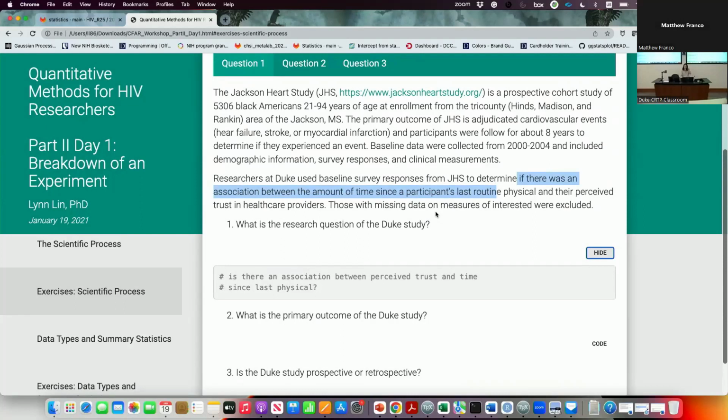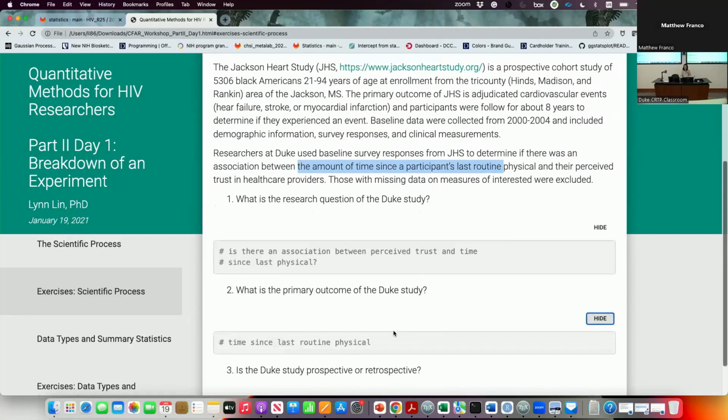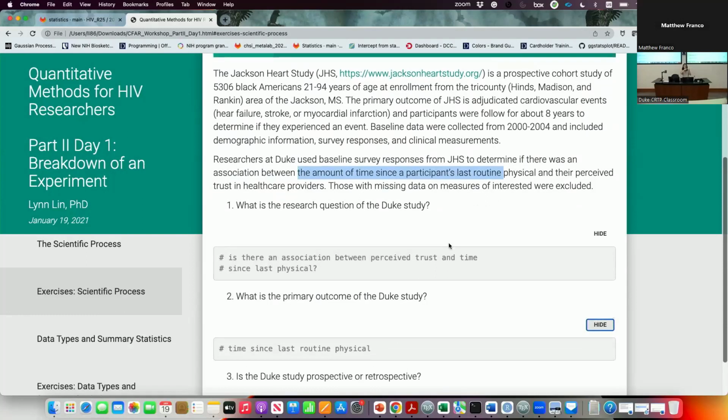Basically there are two variables, right? The amount of time since participants' last routine physical and their perceived trust in health providers. Here the primary outcome is the time since the last physical, because the trust will influence the outcome. If you have a high trust, the amount of time may be shorter or longer.